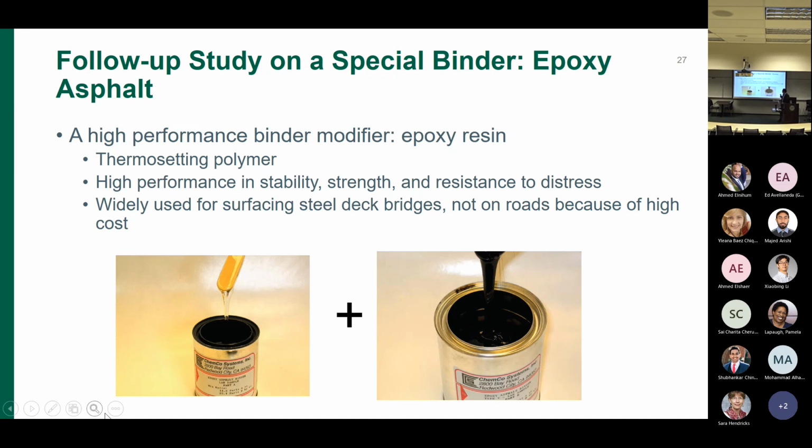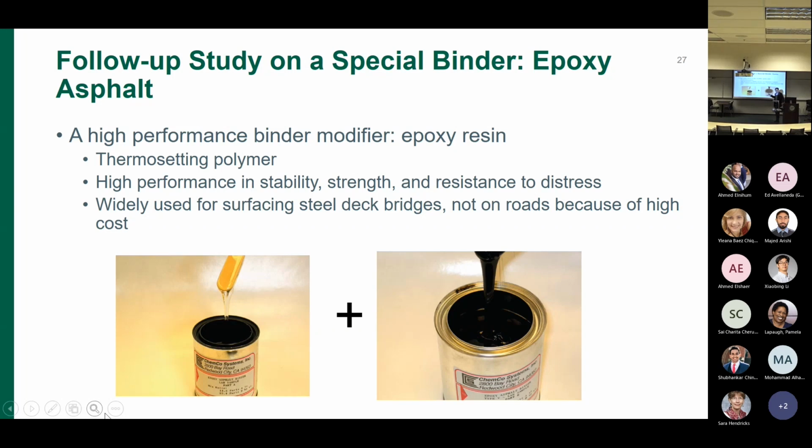And the epoxy asphalt has been used on some special projects. Applications are mainly as the surface material for long-span orthotropic steel bridges. And it was used in San Francisco, like the Golden Gate Bridge and the East Oakland Bay Bridge and some other bridges in the United States.